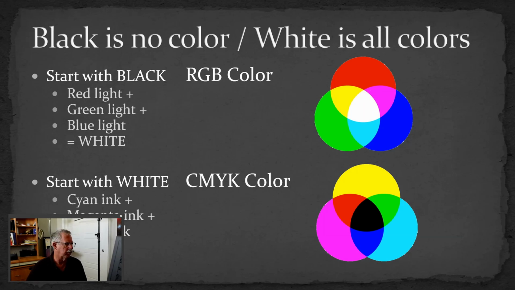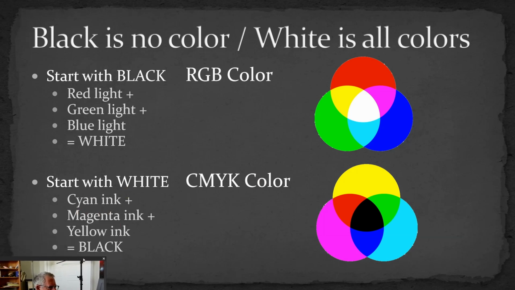I don't know if you've ever printed something, but when you print an image, you actually start with a white piece of paper. And you may have heard of CMYK printing. CMY is cyan, magenta, yellow, and then the K stands for black. And what happens there, when you mix equal parts of yellow, cyan, and magenta, the resulting color is black.